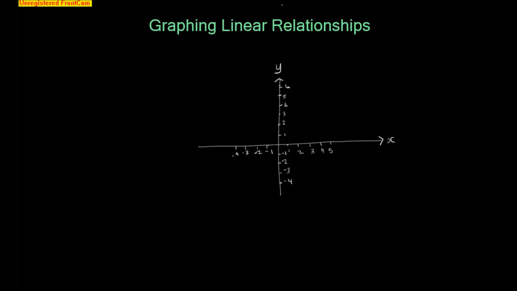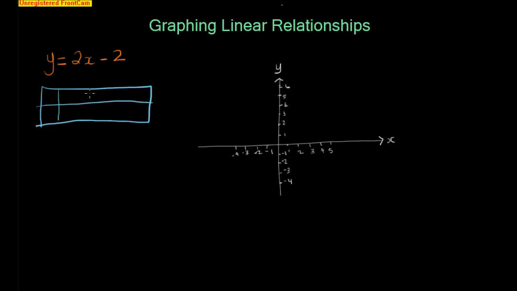We'll try the rule y equals 2x minus 2. Okay, so once we have our rule, we need a table of values, for our x values and our y values.